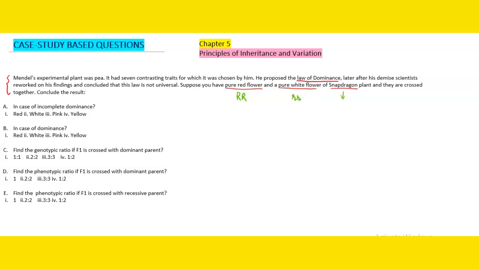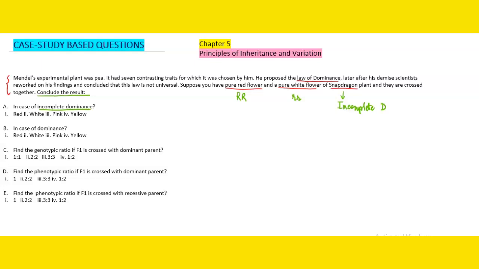And snapdragon gives you an idea of incomplete dominance, because incomplete dominance was proven on snapdragon and Mirabilis. In spite of showing red color in the F1 generation, these plants exhibited pink color. So the first question is to conclude the result in case incomplete dominance is there.